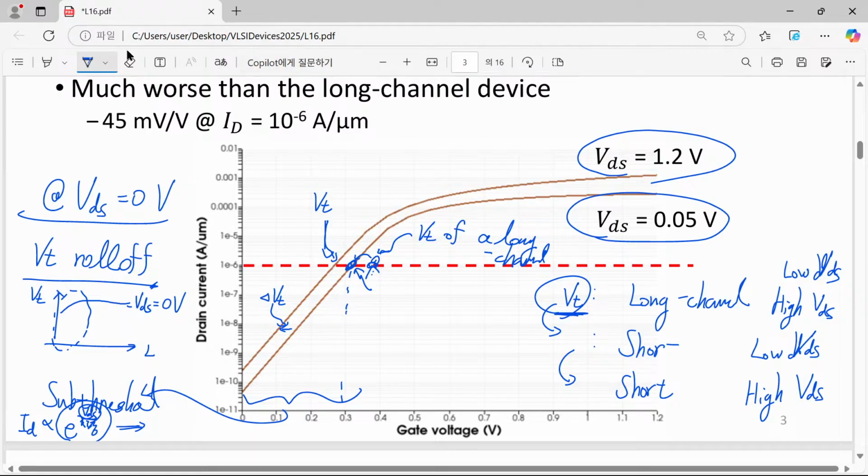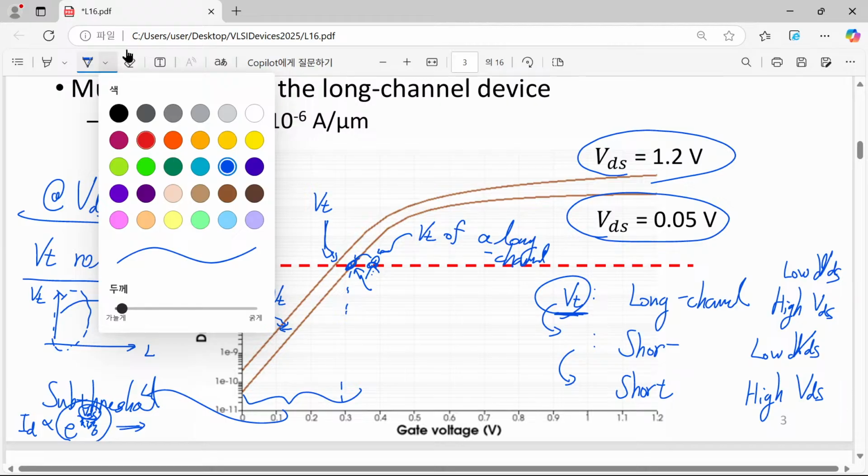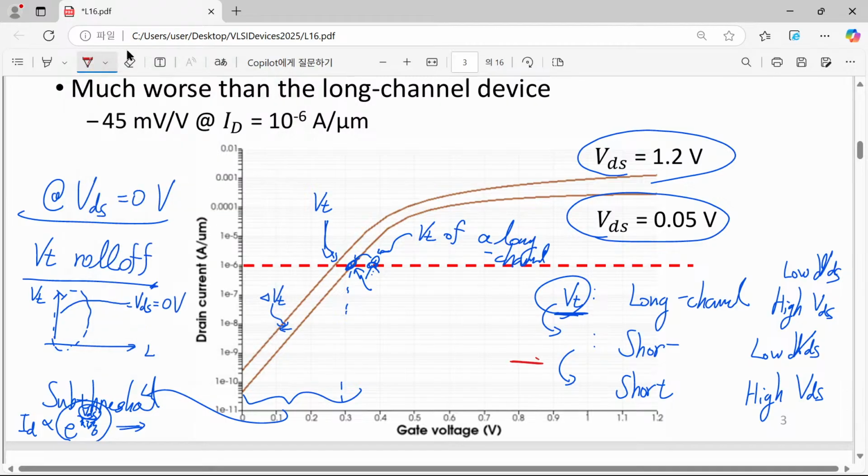DIBL means this step. DIBL just considers the additional reduction of short channel threshold voltage only due to the application of an even higher VDS value.